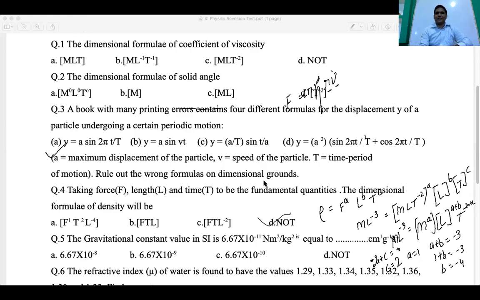So first option, who was saying none of these? Kutub and Aryan were there, no? I was saying option A, and Kutub was saying option D. Okay, Ansuman was not there.